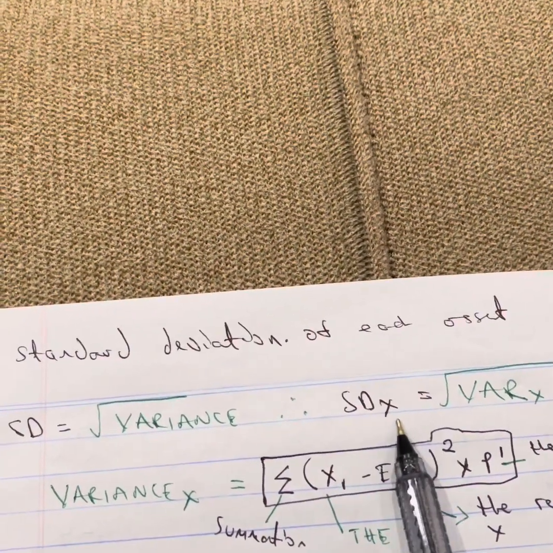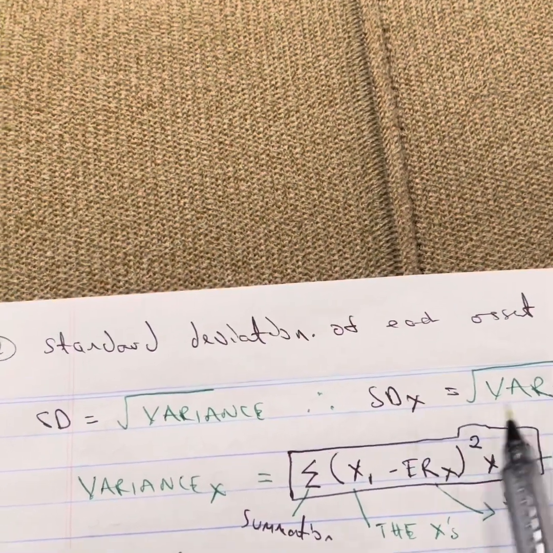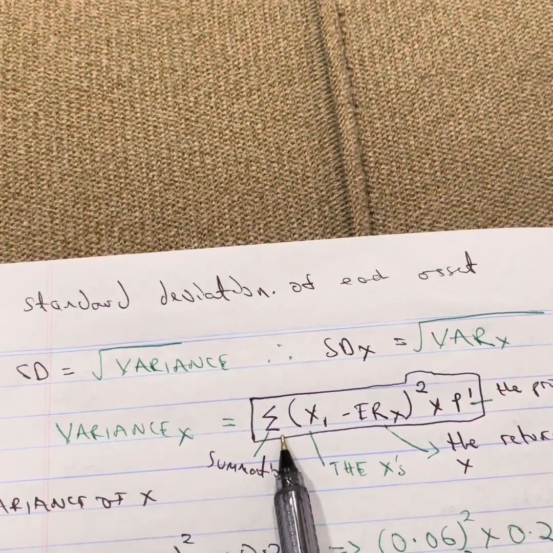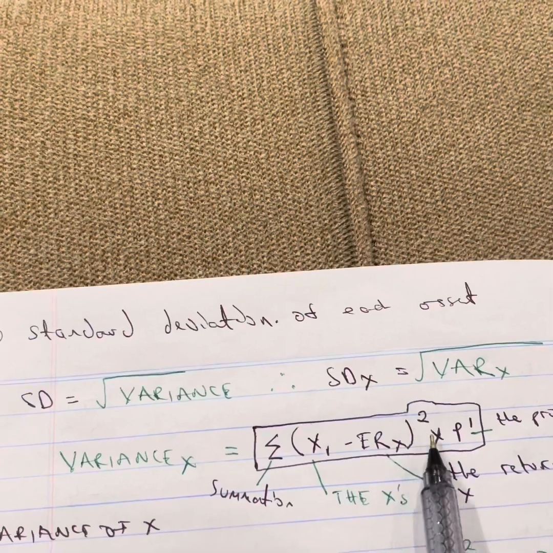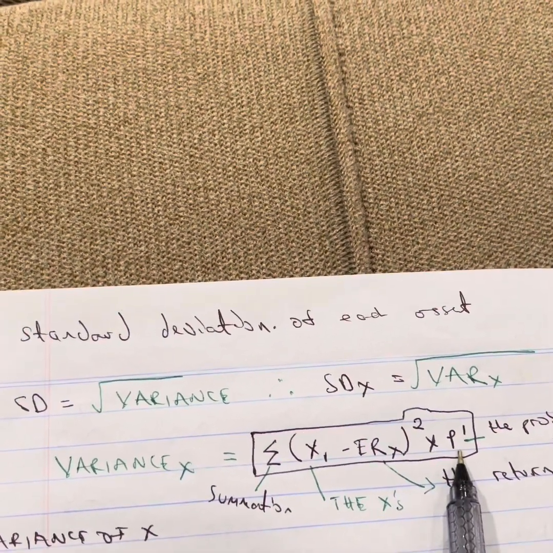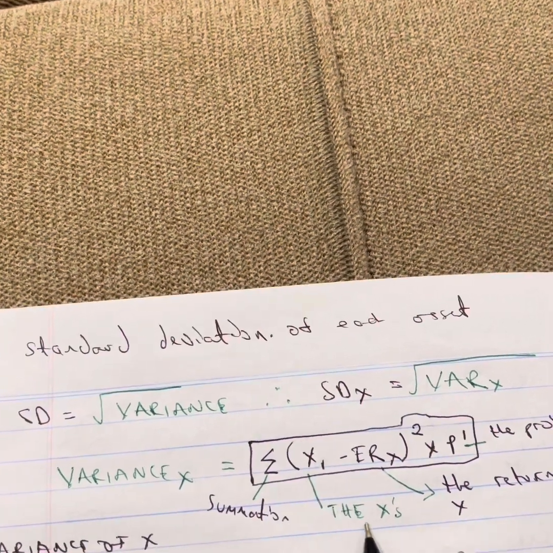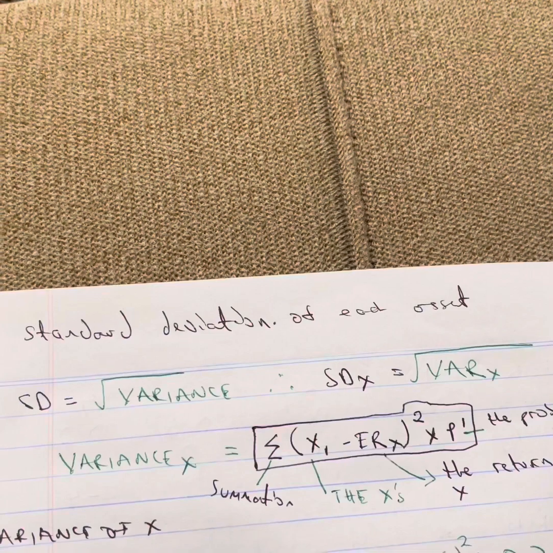Therefore, the standard deviation of X, for example, will equal the square root of the variance of X. Now, this is the formula for finding the variance of X. We have the summation of the X's minus their expected returns all squared multiplied by their probabilities. So if you have done the demarcations, this summation, there's the X's, this is the expected return of X, and there's the probabilities.